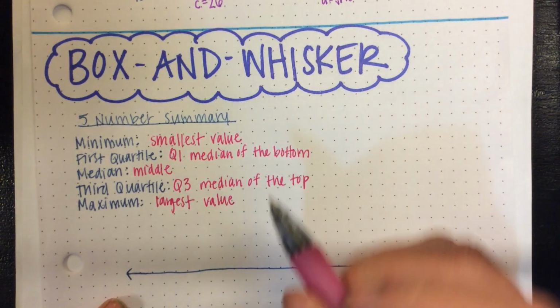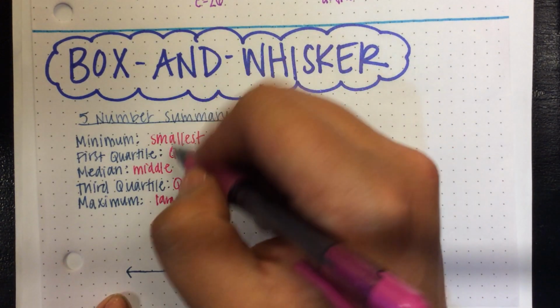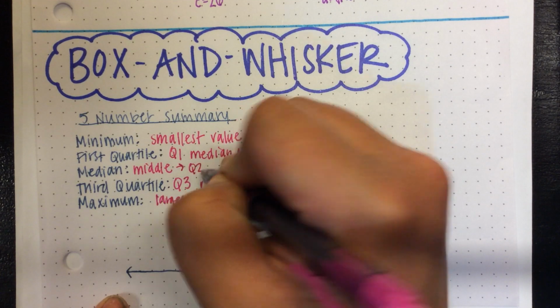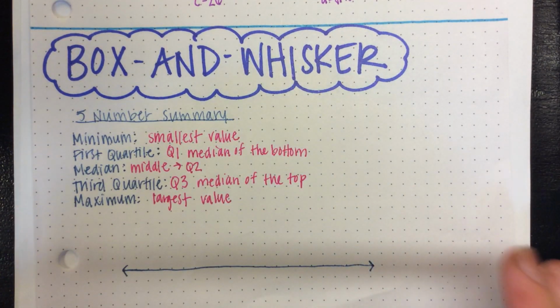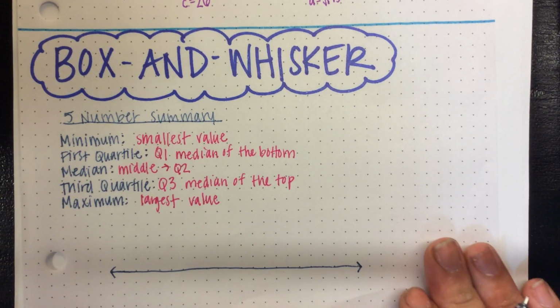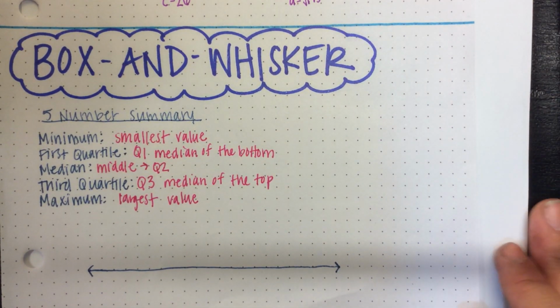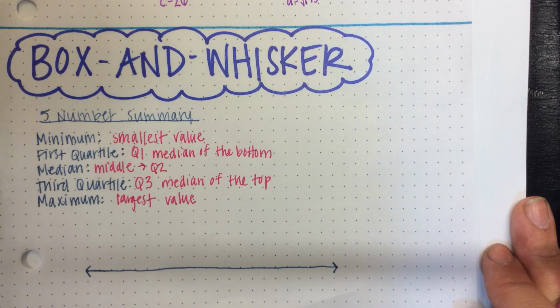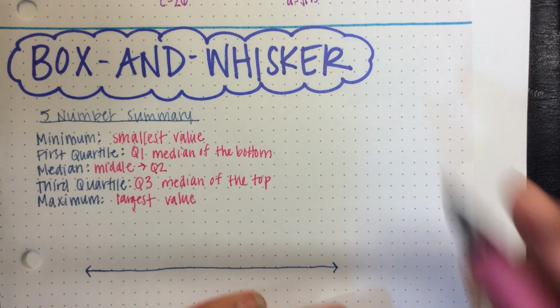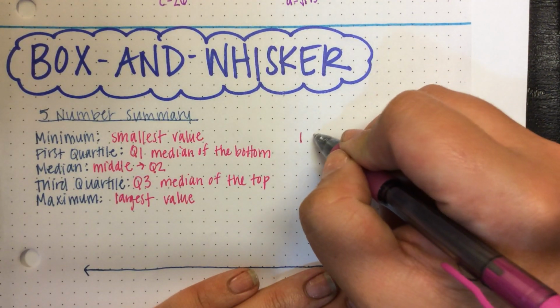Okay, and so it's kind of like you have Q1, Q3, or missing Q2. Your median's actually like your Q2. Okay, and all that sounds kind of weird, so hopefully it'll make sense in just a second. So if I gave you a data set of 1 through 10, just something easy.